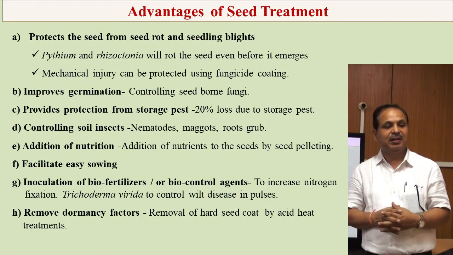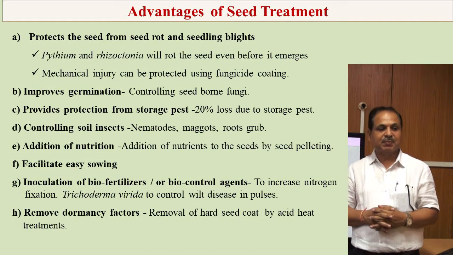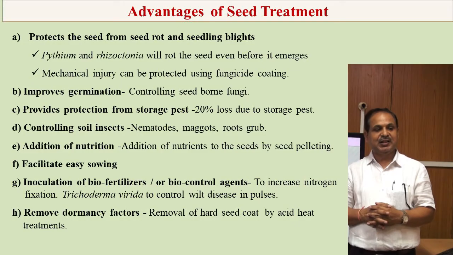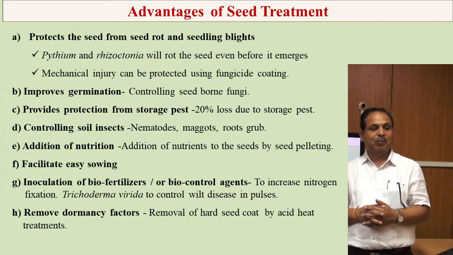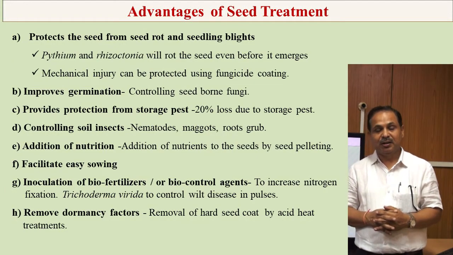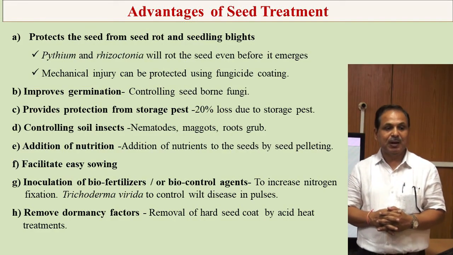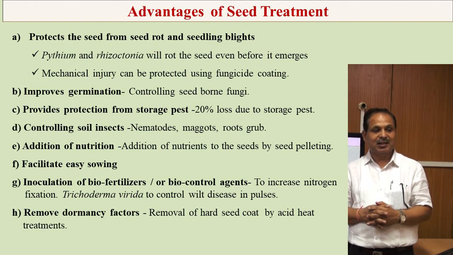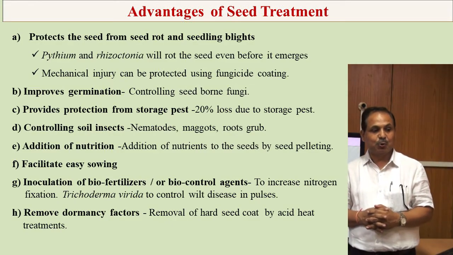Overall, we can know the advantages of seed treatments: it first protects the seeds from insect pests and diseases like seed rot and seedling blight. It improves germination and provides protection from storage pests. 20% loss is due to storage pests, so by protecting the seeds with chemicals, insecticides or some other materials, we save the seeds from storage pests.